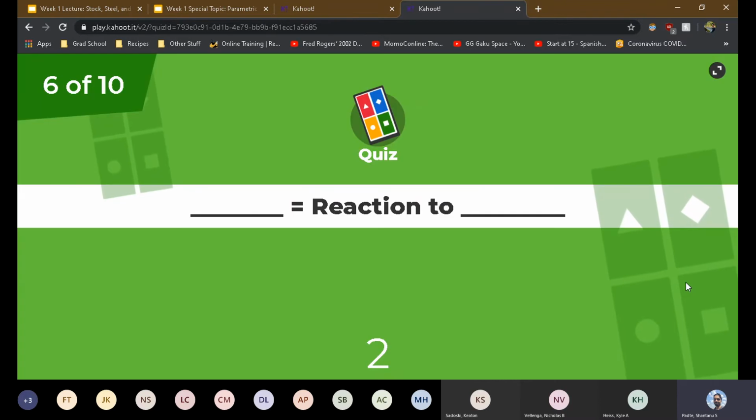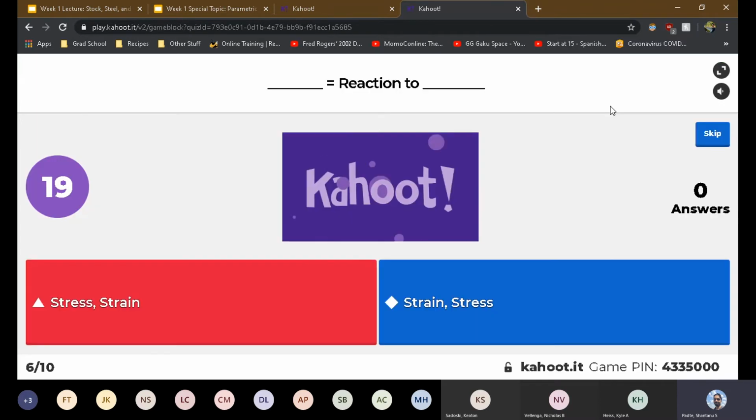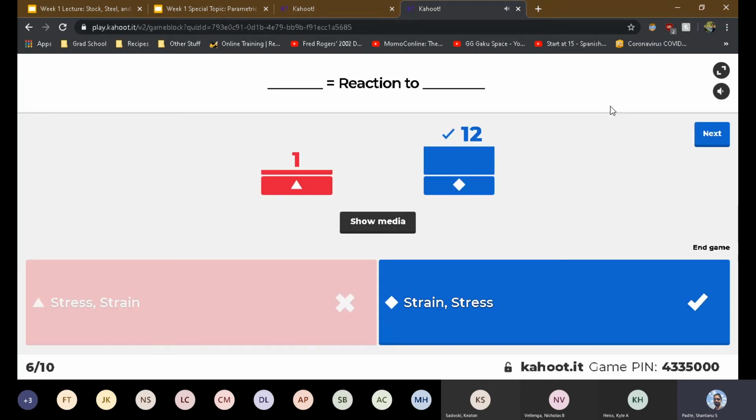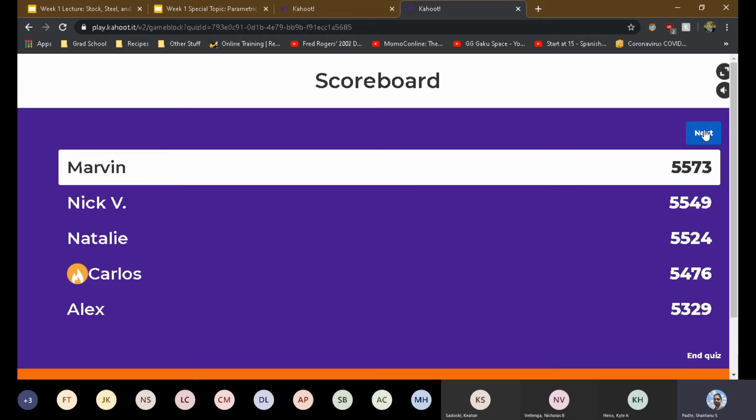So blank equals reaction to blank. It's stress reaction to strain, or strain reaction to stress. That's good. Strain is a reaction to stress. Strain is what happens after a material undergoes a stress. Good. Carlos on fire, yo.